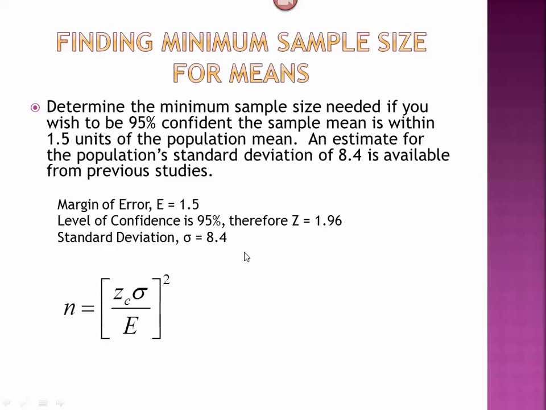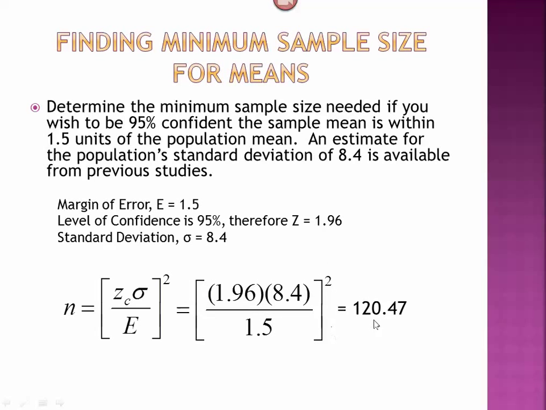Using our formula, we simply plug these values in. Notice this is a Z value for the given level of confidence, not 0.95. And then we put our standard deviation over our given margin of error, and we square that quotient. This gives us 120.47. So if we're looking to collect a sample, obviously we cannot collect a fraction of a sample here.